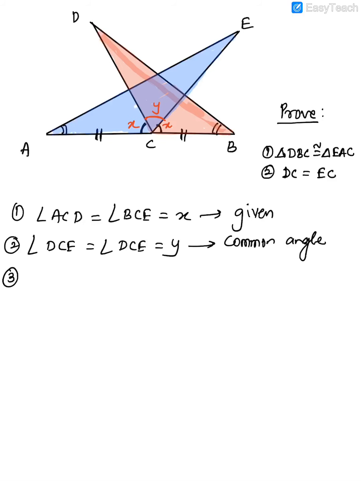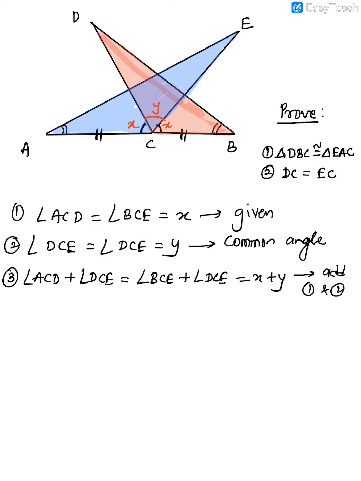Number 3, add both the angles. Angle ACD plus angle DCE, angle BCE plus angle DCE is equal to x plus y. What will be the reason? Adding 1 and 2.